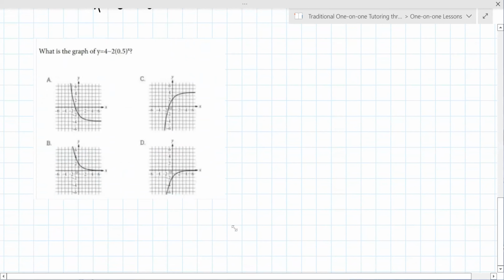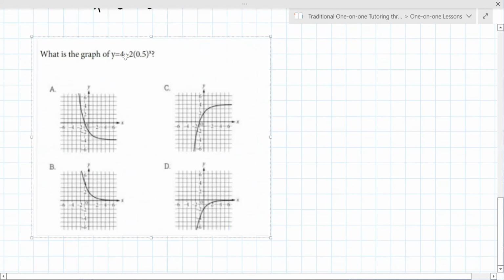You're seeing my screen, the graph of? Yeah. You want me to type that in? I want you to graph this and tell me which is the correct answer. Okay.